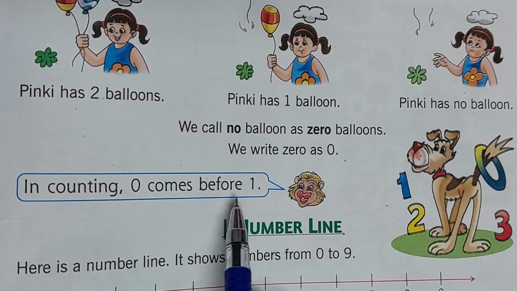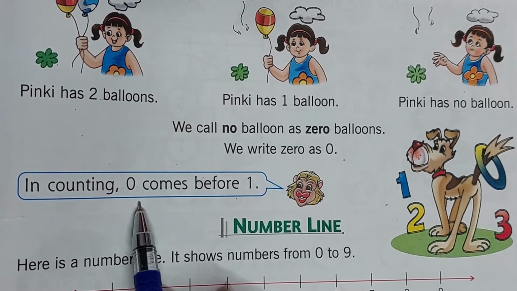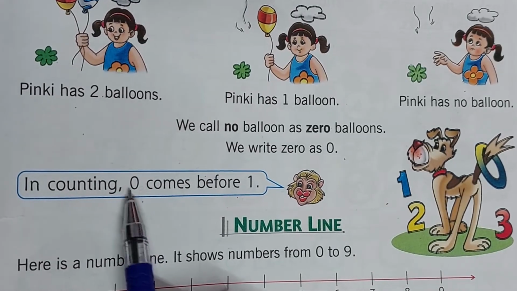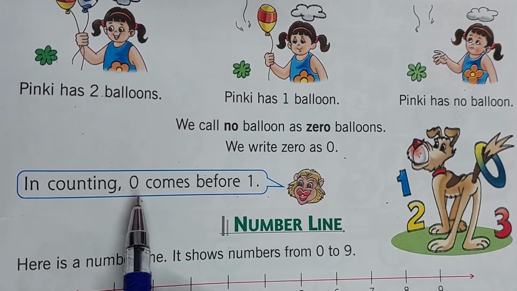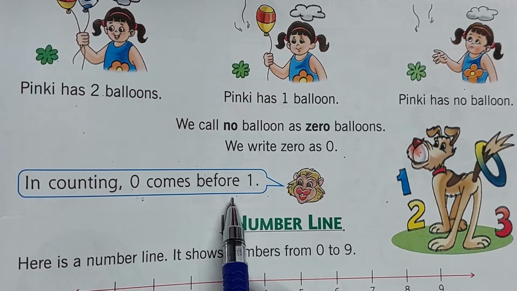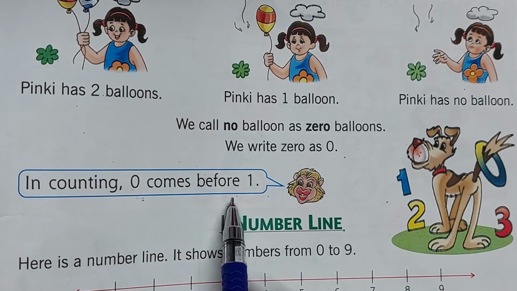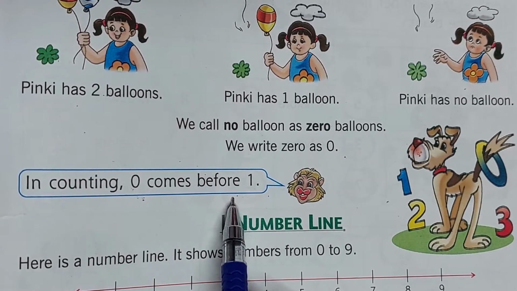In counting, 0 comes before 1, but 10 comes after 9. 0 plus 1 is 1, and 1 minus 1 is 0. When we count the digits 0 to 9, we have 10 digits in our counting, and these 10 digits make infinite numbers.